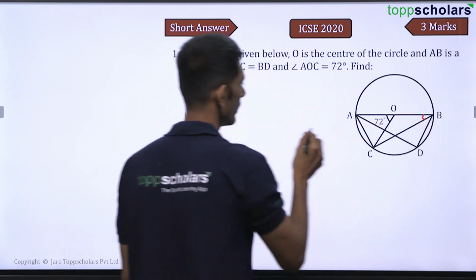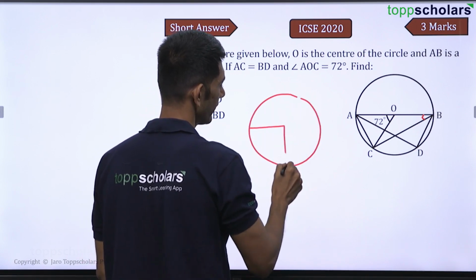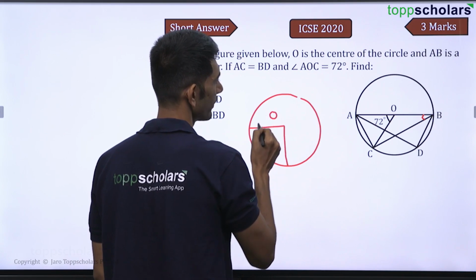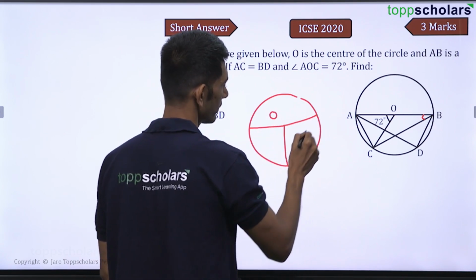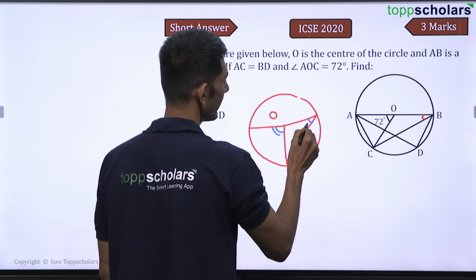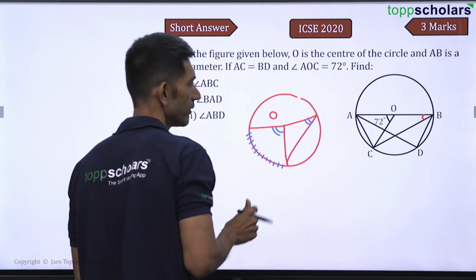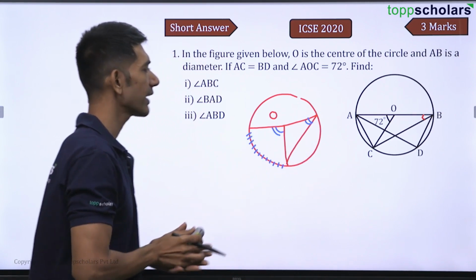ABC. Now we have already studied that if we have a circle and if we have the center of the circle and if I extend it further, so definitely this angle and this angle, there is a relation, right? What is the relation? The relation is that this angle is half of this angle.